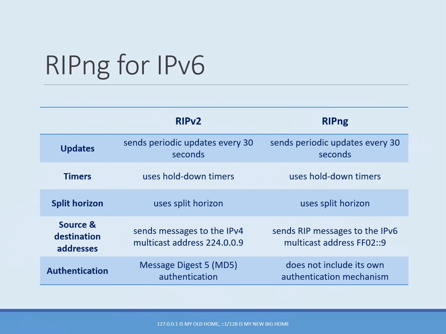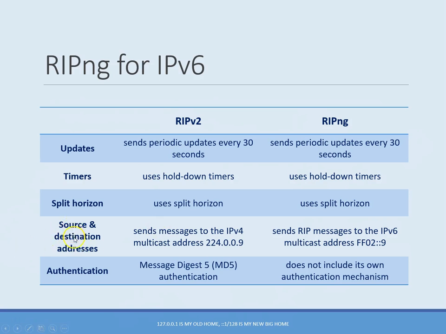And for the timers, RIPv2 and RIPng both use hold down and other timers to help prevent routing loops, which is a very good feature in routing. Split horizon or split horizon with poison reverse are used with both RIPv2 and RIPng, and this feature helps prevent routing loops.